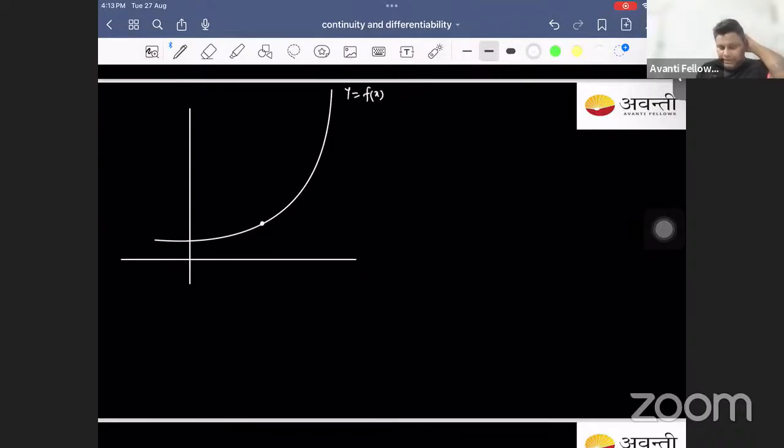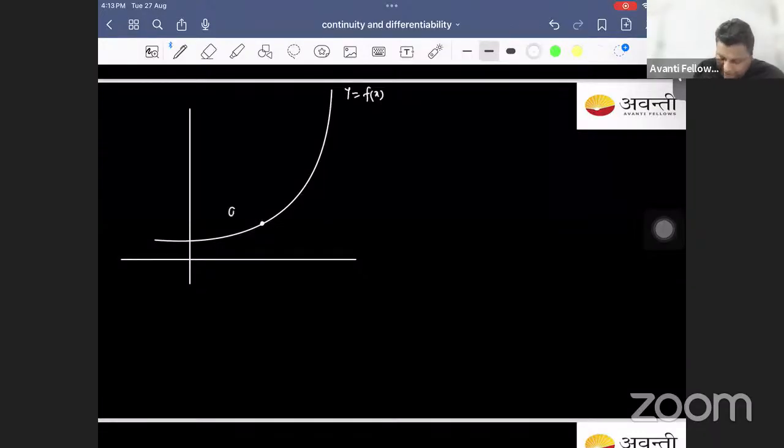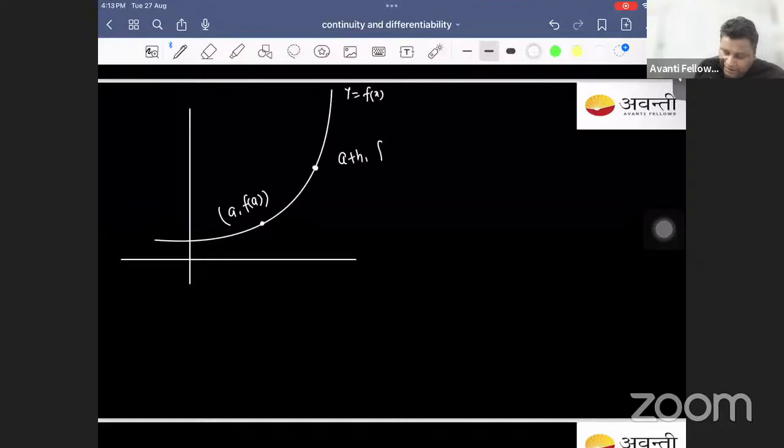Now, let us get into the basic thing about differentiability. Say this is the graph of a function y equals f(x). There is a point a, f(a). In the neighborhood of this, there is a point a plus h, f(a plus h).